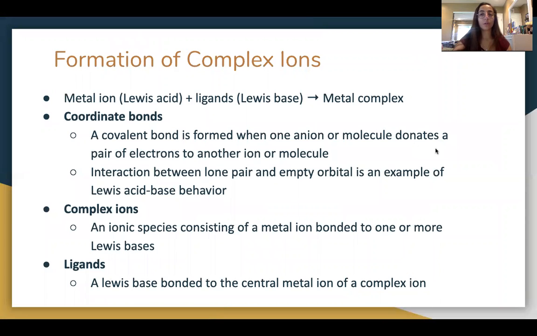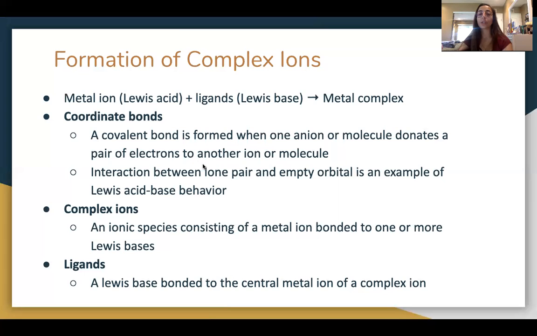She also talks about the formation of complex ions. Complex ions are metal ions, which are Lewis acids, plus ligands, which are Lewis bases, which make a metal complex. Some terminology we should know is coordinate bonds. Coordinate bonds are covalent bonds that are formed when one ion or molecule donates a pair of electrons to another ion or molecule.